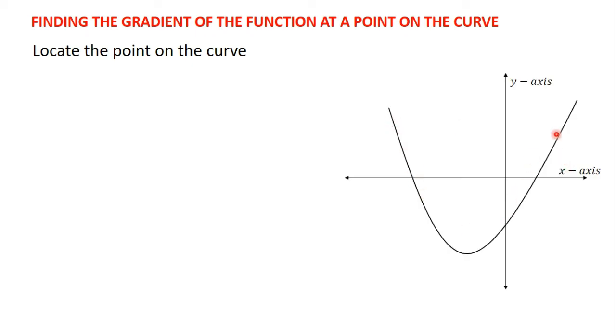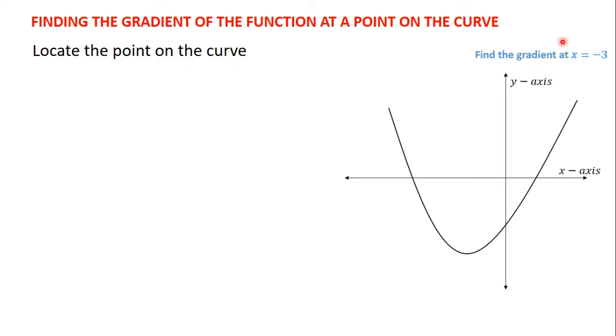We have the x-axis here, we have the y-axis here, and this is the graph of the quadratic function. We are saying that to find the gradient of the function at a point on the curve, the first thing you have to do is to locate the point on the curve. Let's say that on this graph, we want to find the gradient of the function at the point x is equal to -3.